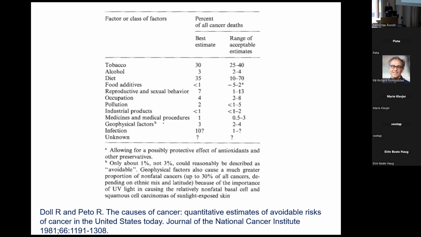They were saying that diet could contribute between 10 and 70% to the preventable in principle cancers, which is important. The other area was infection, where they just put a question mark, 1% at the low end to a question mark at the high end. So these were their guesstimates, and as I say, these were influential.